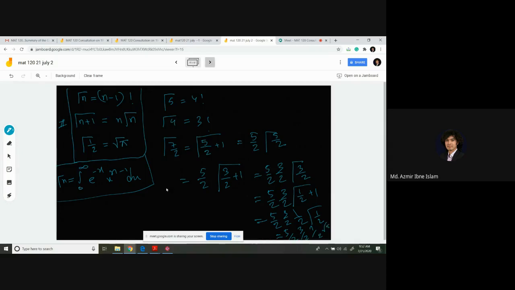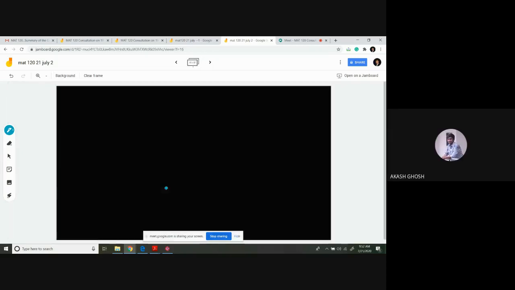For your betterment, let me explain in detail. Suppose you have gamma 9 by 2. It will finally be 7 by 2, 5 by 2, 3 by 2, 1 by 2, and gamma 1 by 2, and gamma 1 by 2 is actually root pi. So what will be the case for gamma 11 by 2? Can you please tell the answer?